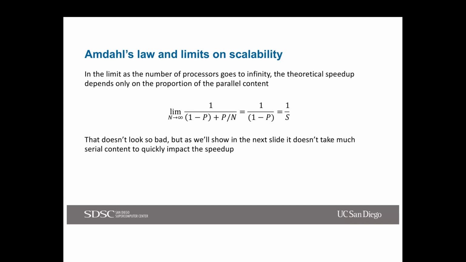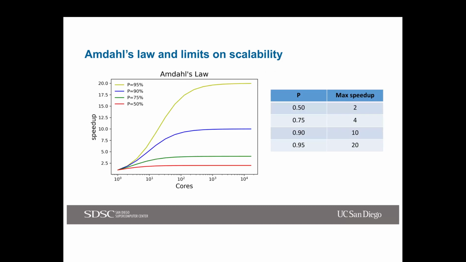Usually somewhere in any application something has to happen serially, and so you're limited by that fraction of the application's execution that will limit the total speed up that you can see. And this actually looks quite dramatic if you've never seen this before.